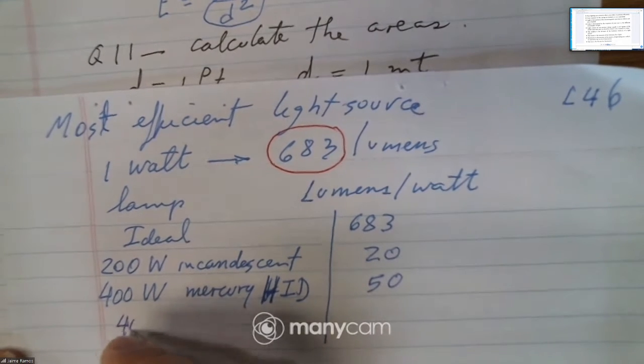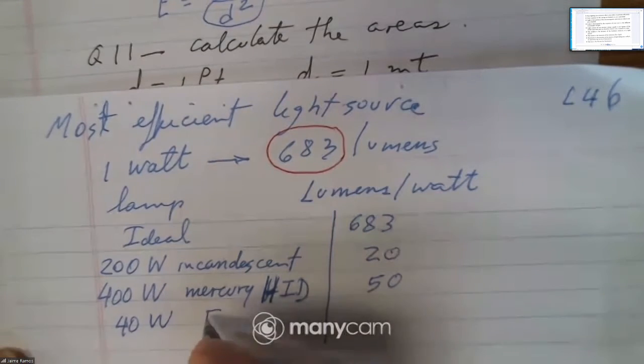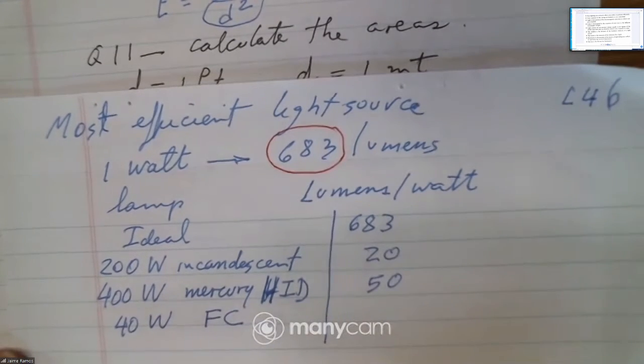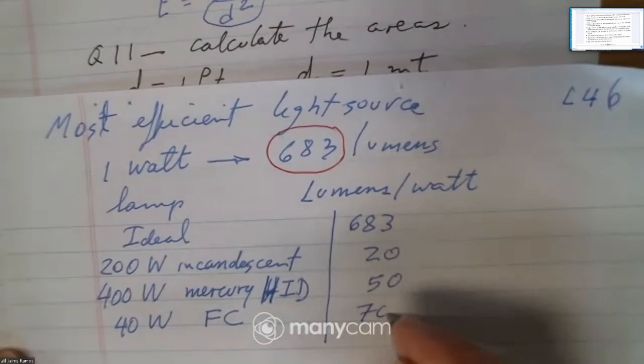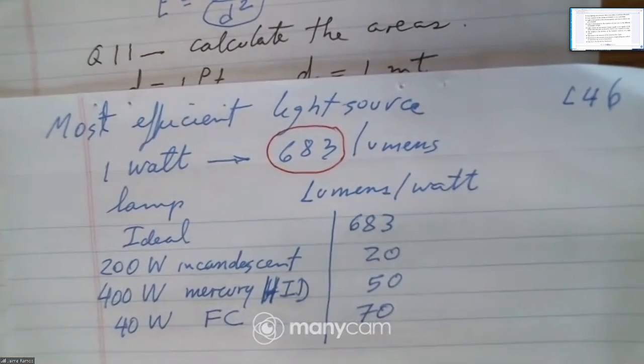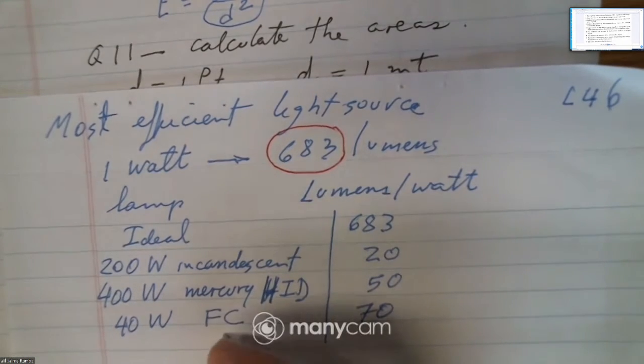A 40 watt fluorescent, these numbers come from the book, okay, has 70. Okay, and so on.